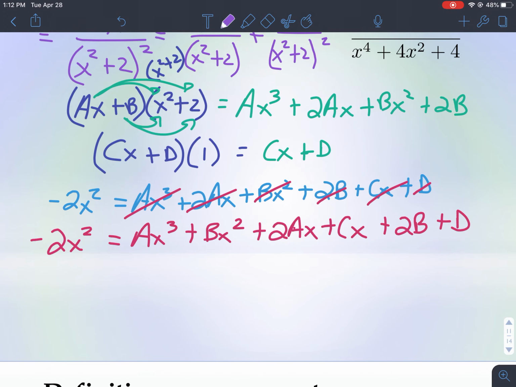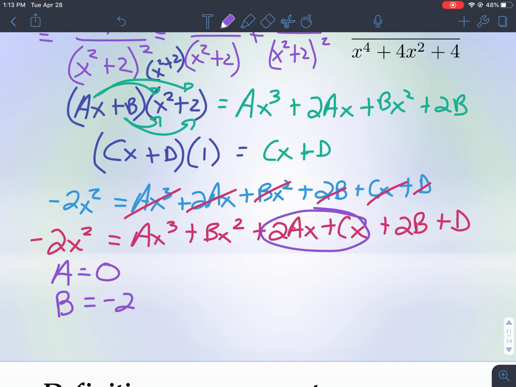First, there is no x cubed in this expression. So, I can assume that the A would have to be 0. That's my first equation. I do have a match with the Bx squared. So, B equals negative 2.